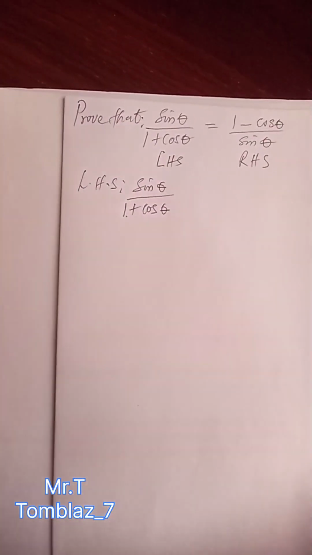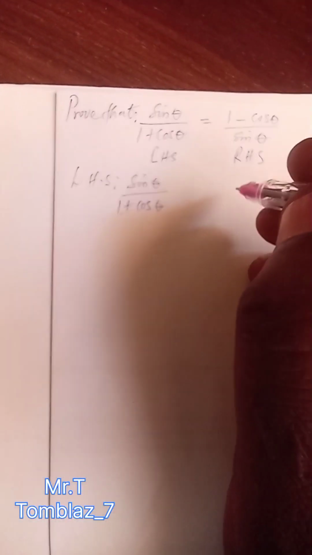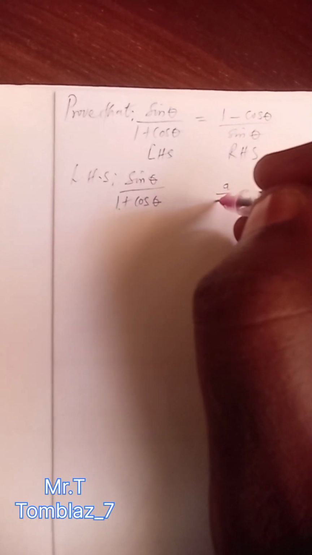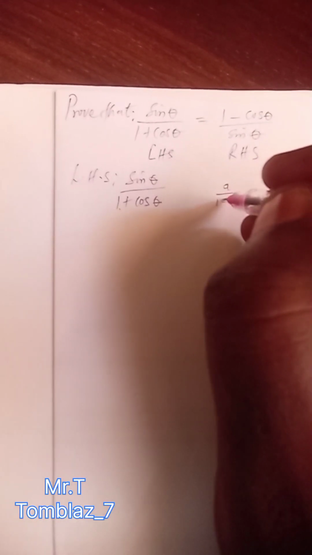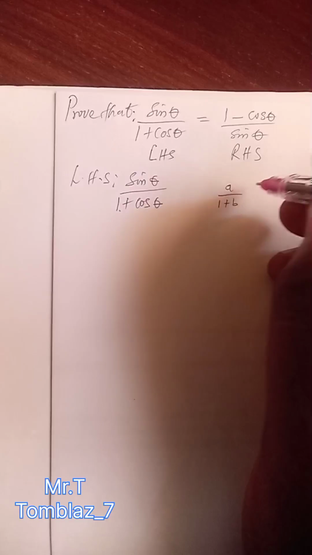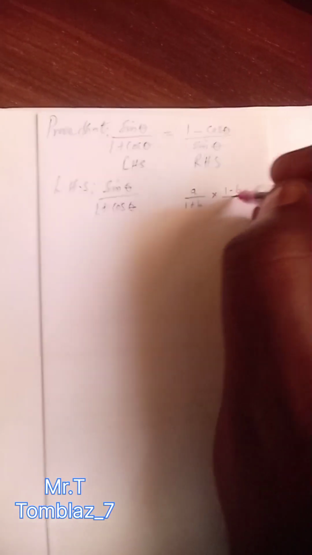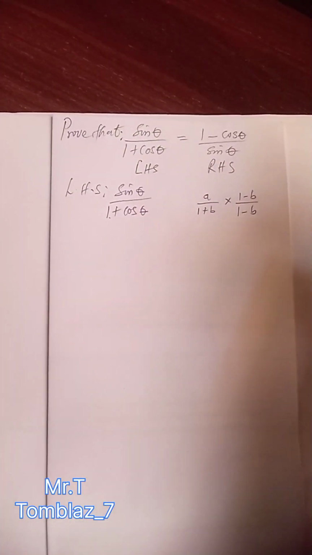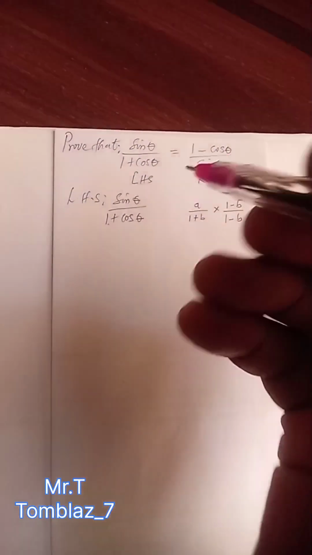If we remember conjugate of sorts, let's say I have a over 1 plus b, and I want to do the conjugate, then I can say times 1 minus b divided by 1 minus b. Do we recall that? Okay, if that is recalled, then let's apply it to the denominator.